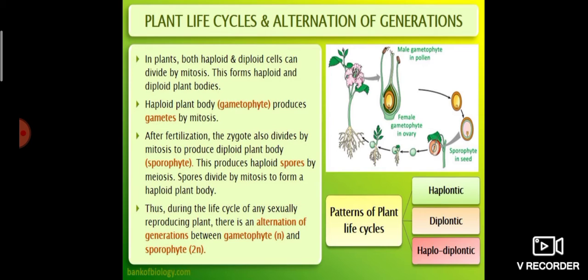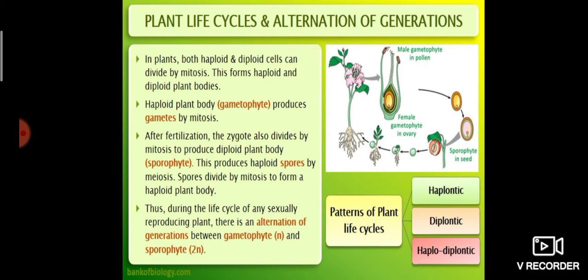Again mitotic division gives rise to the haploid plant body called gametophyte. So alternation of gametophyte and sporophytic generation takes place in all sexually reproducing plants.